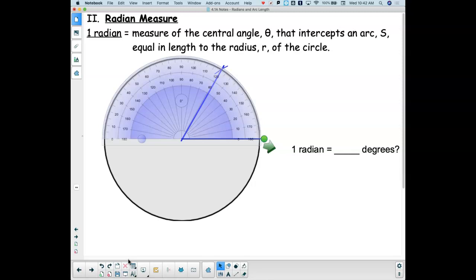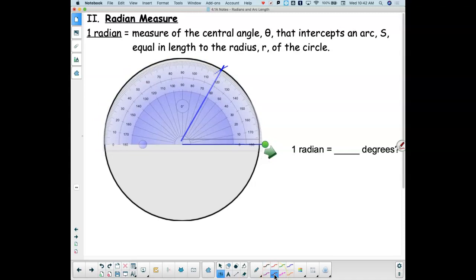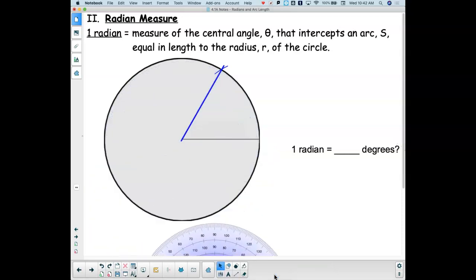That angle measure is somewhere below 60 degrees, right? Kind of jumped around. Let's get rid of this.